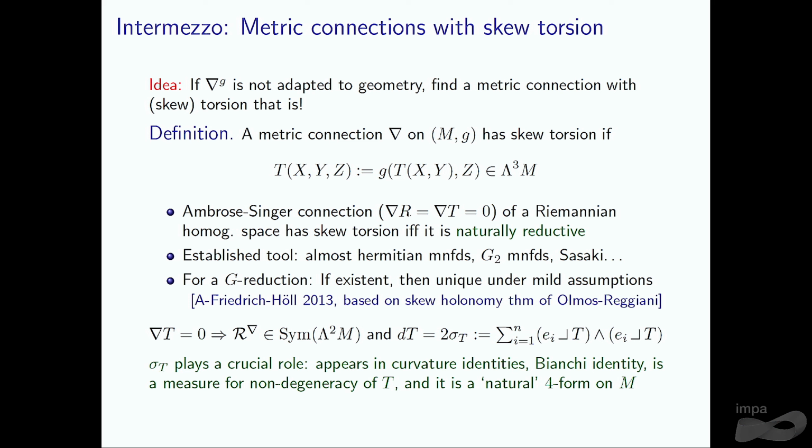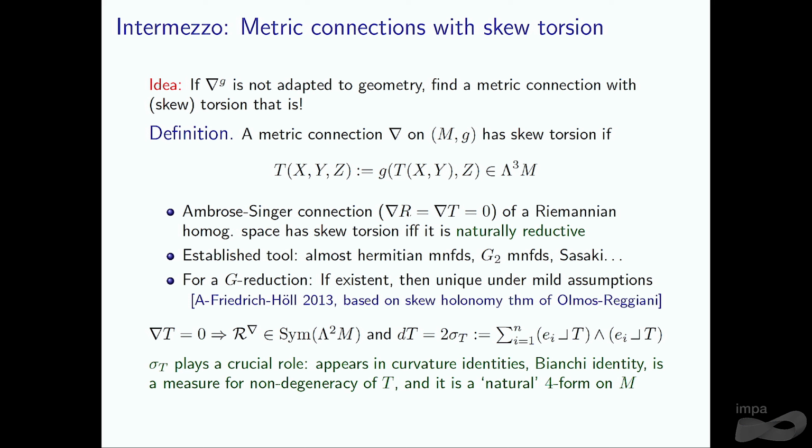So it's going to pop up, believe me. And so whenever you are dealing with a G structure which fits into that frame, namely you have a G reduction which admits a good metric connection with skew torsion, then the form sigma T, which I'm introducing here, comes up in a natural way.